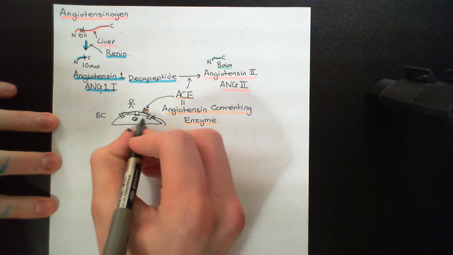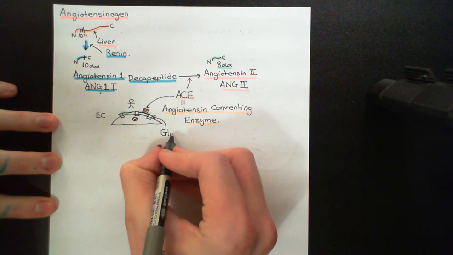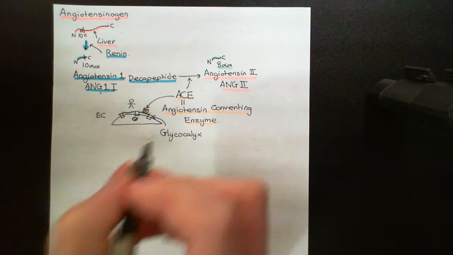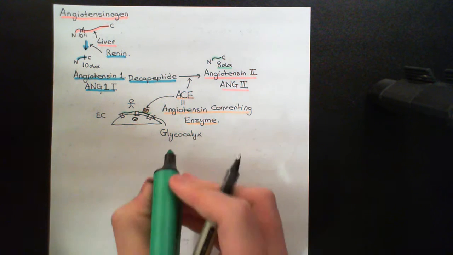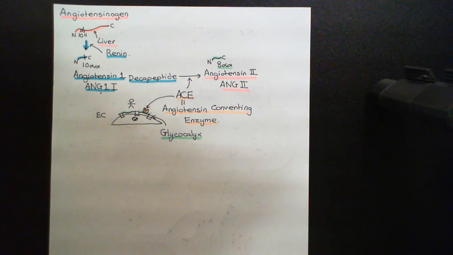And this meshwork has a special name. It's known as the glycocalyx, like so. Okay, so the ACE enzymes can be attached to the glycocalyx of endothelial cells.